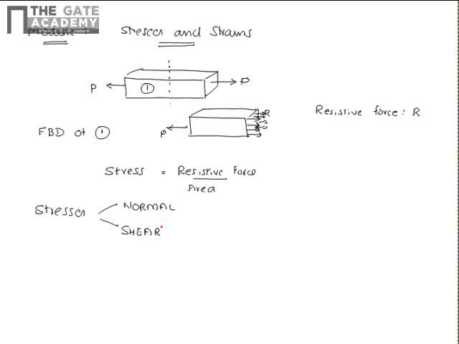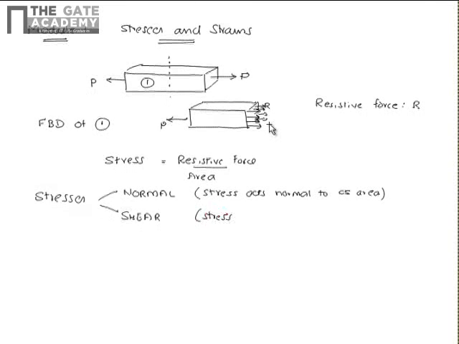The stress which we have seen in this figure is a normal stress because the stress acts normal to the cross sectional area. And shear stress is a stress which acts parallel to the cross sectional area. This will be seen in detail later.